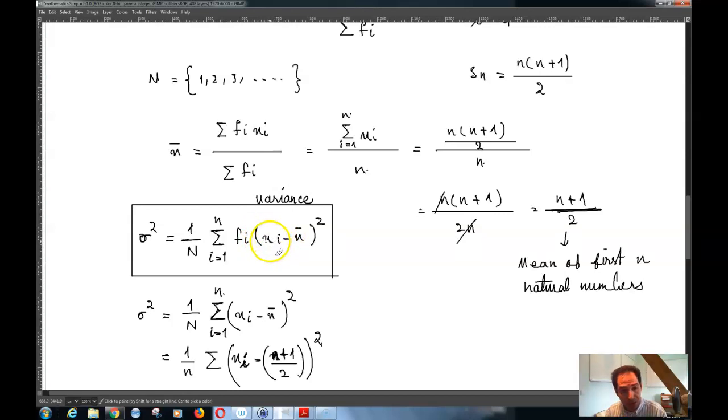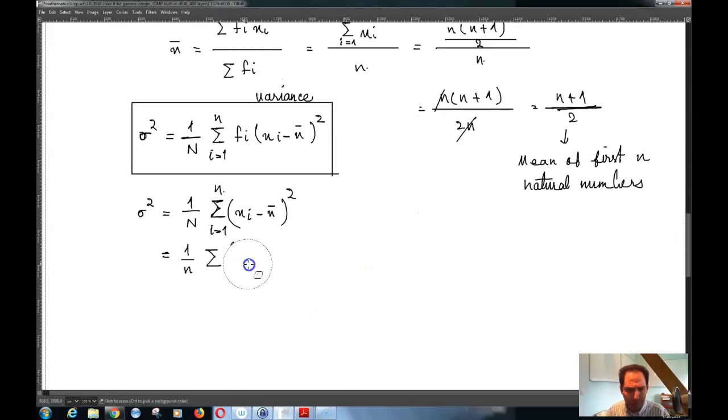You don't need to touch that, but then I will write this expression as 1 over n, lowercase n, you cannot mix everything up, so lowercase n, and sigma, then f of i, of course I want to get rid of f of i and just write this as (x of i minus x bar) whole squared as i goes from 1 to n.